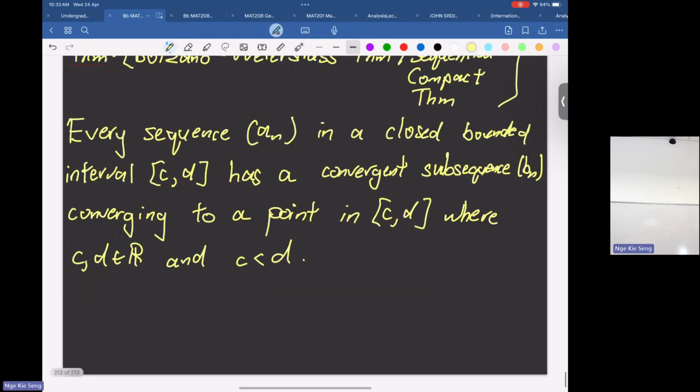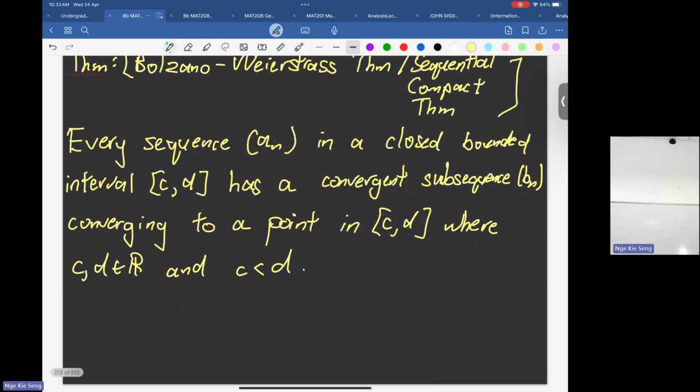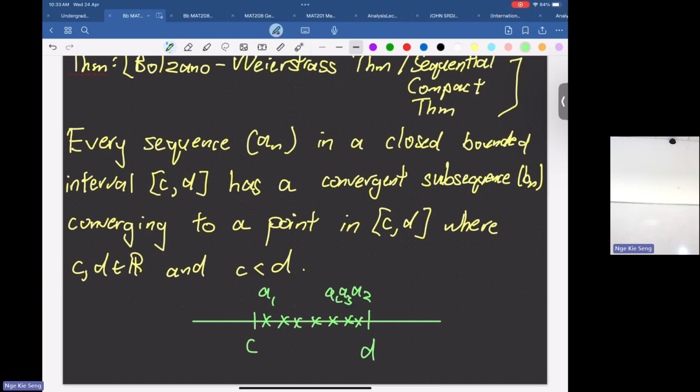So how do you imagine these terms here? When I talk about interval, pull out your real number line again. And then there's a sequence inside here. Maybe let's put some dots here: a1 here, a2 here, a3 here, a4, a5, a6, a7, maybe jumping around.